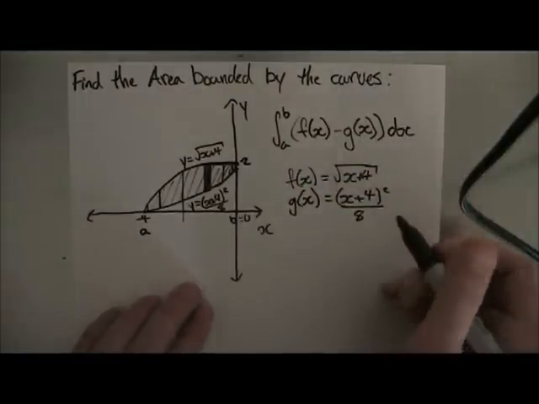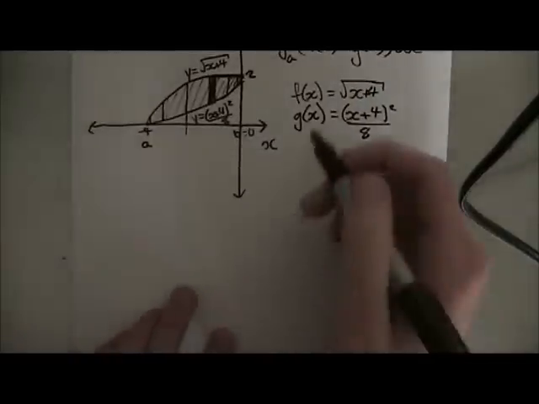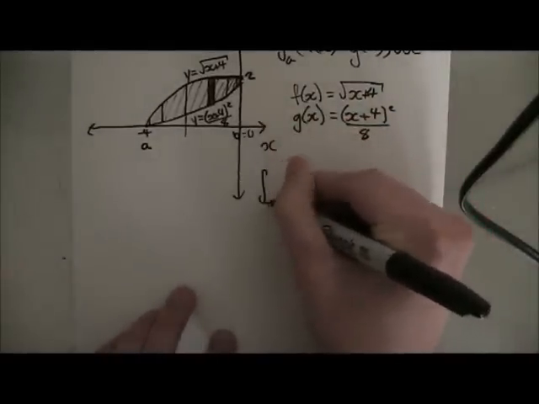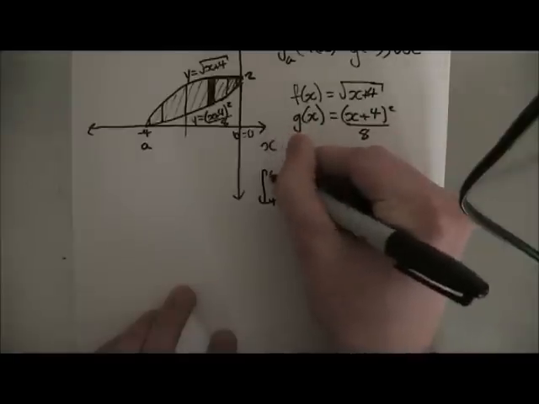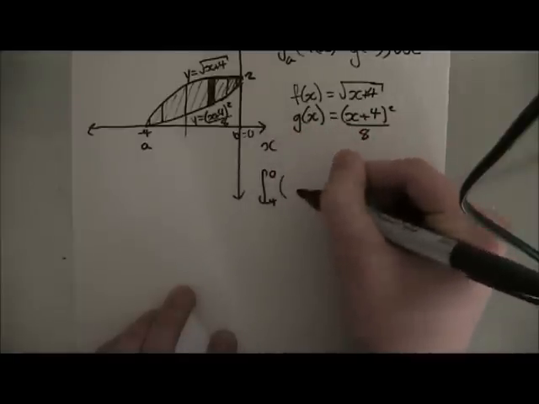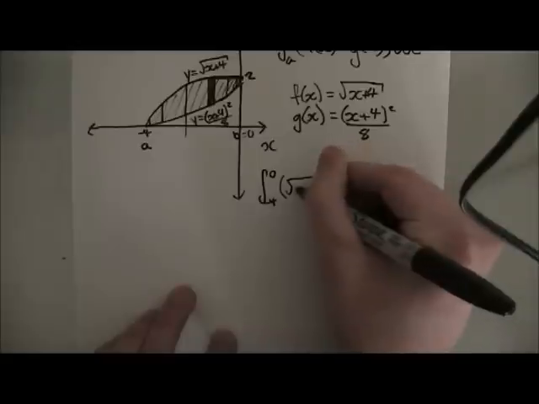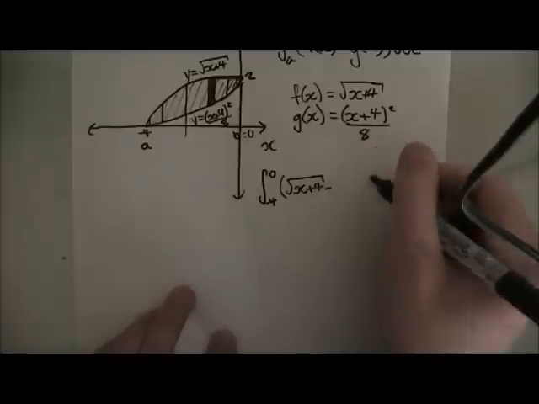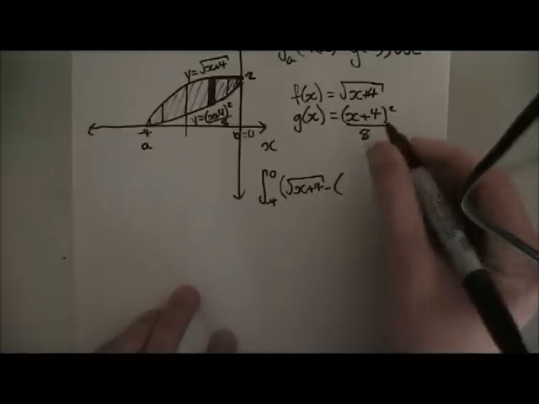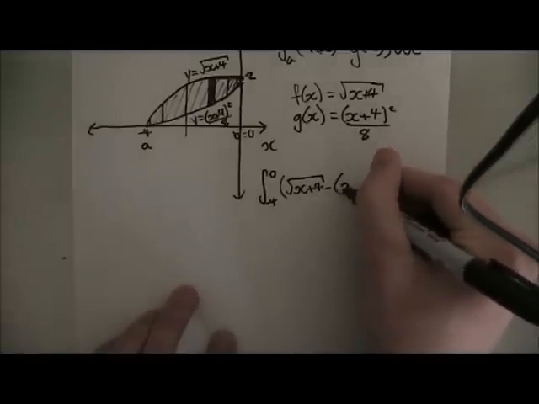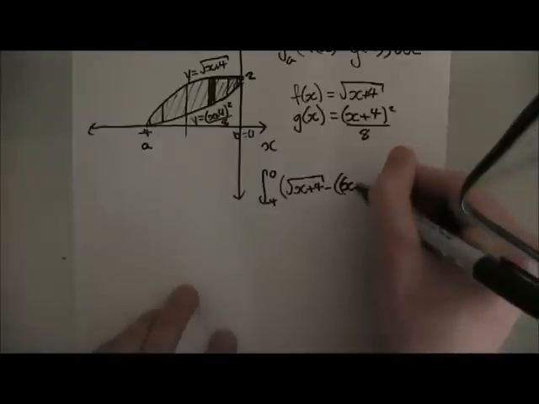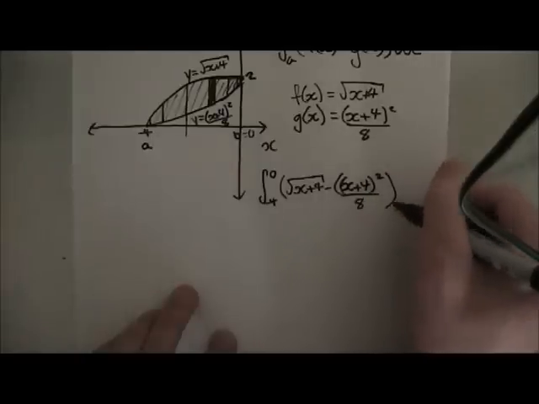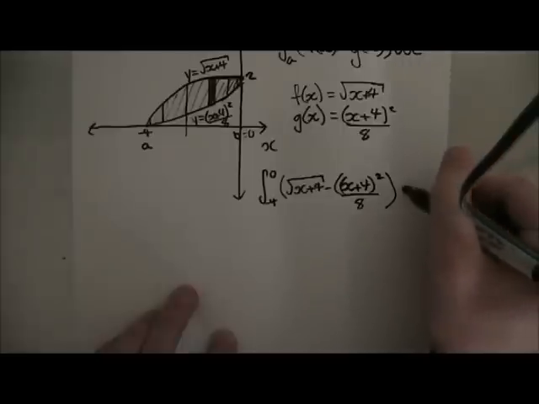So now we can write down our formula to calculate the area between these two curves. We have a equals minus 4, b equals 0, and we have our upper function, which is the root of x plus 4, minus, and it's important to put a parenthesis and then put in the function, that way you'll make fewer mistakes. So (x plus 4) squared over 8, and dx.